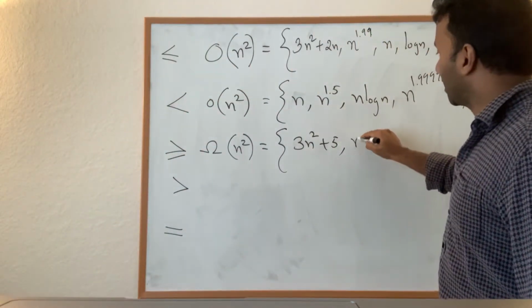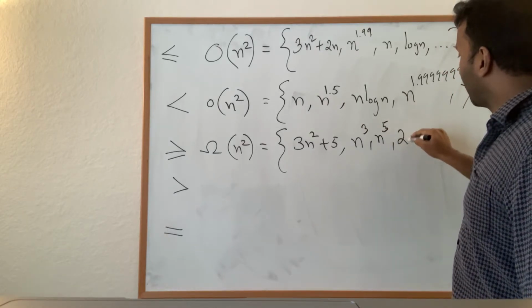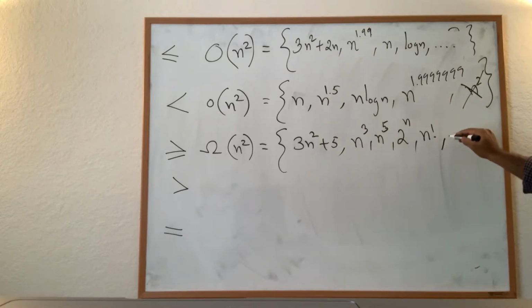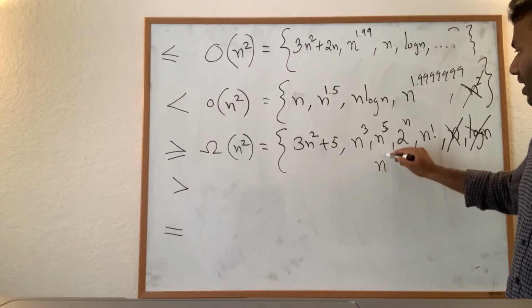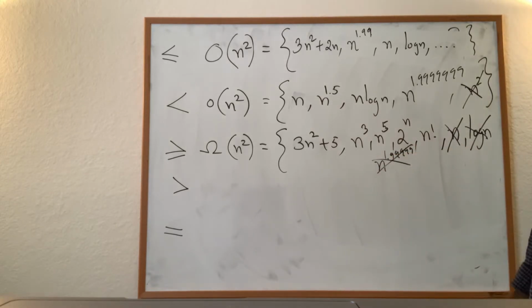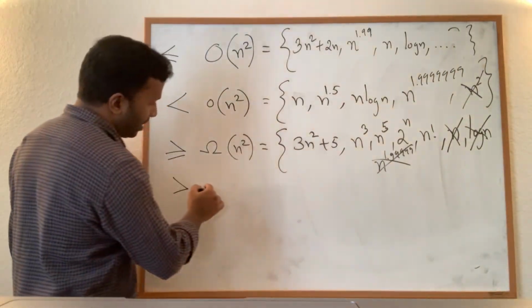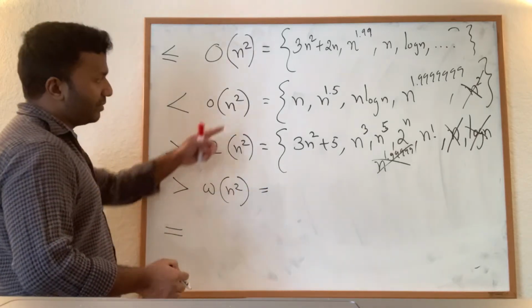We can have n cube, we can have n raised to 5, we can have 2 raised to n, we can have n factorial, but we cannot have n here. We cannot have log n, right? So we want everything above n square. We cannot have n raised to 1.99999. That's not allowed here. That is big omega of n square.